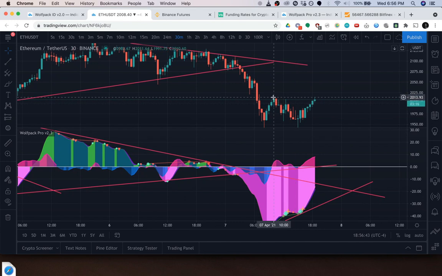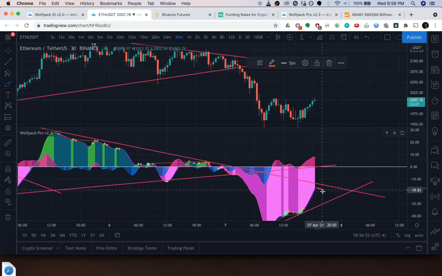So we're also approaching this resistance here on the 30-minute chart. So this is a very likely bounce point. The wave could come down, and what we'd want is for a bounce here.